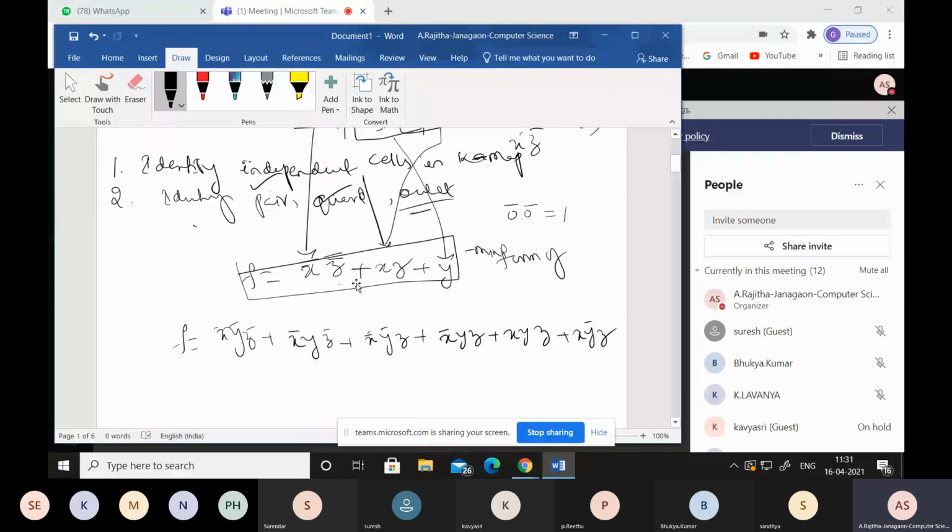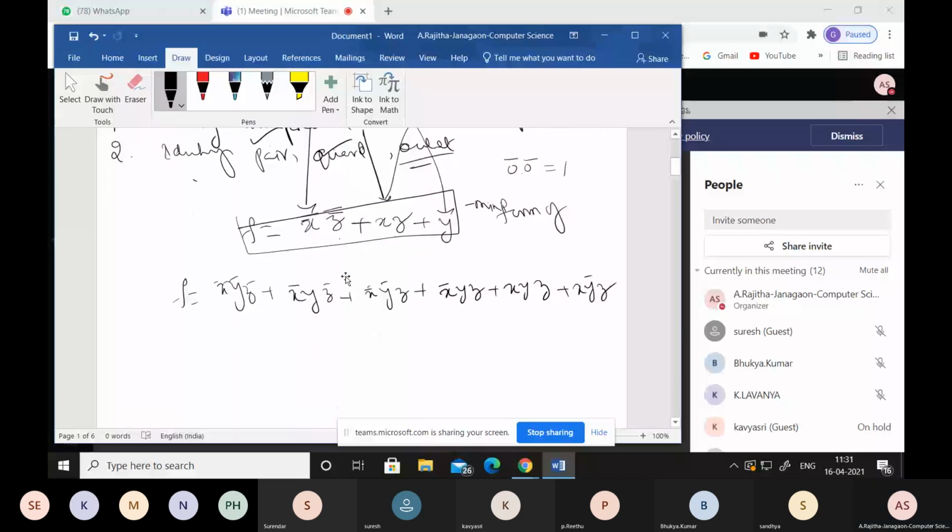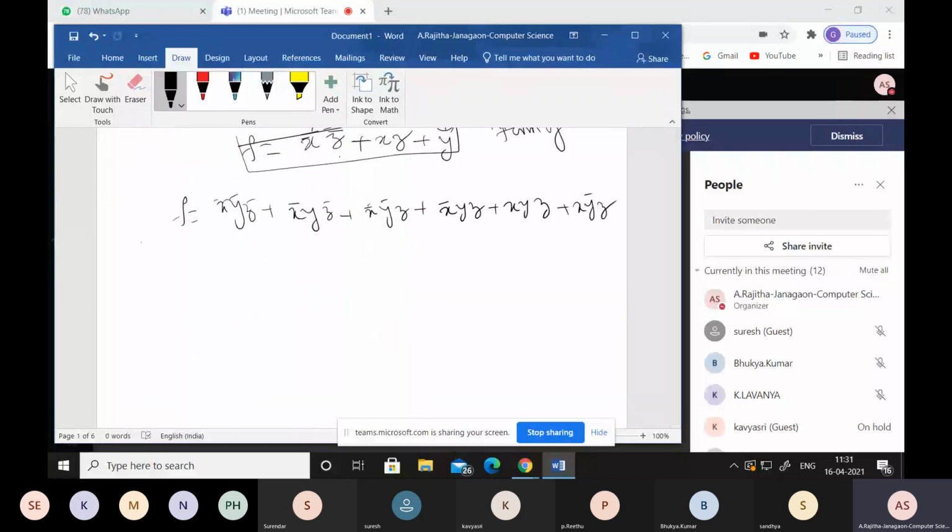Okay, this is how we minimize. So from this example, here you can find out. Suppose n equal to 1.